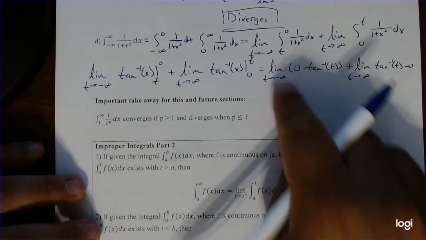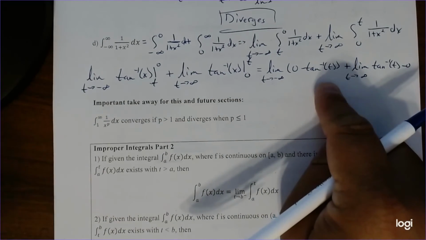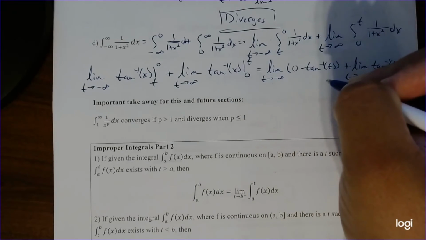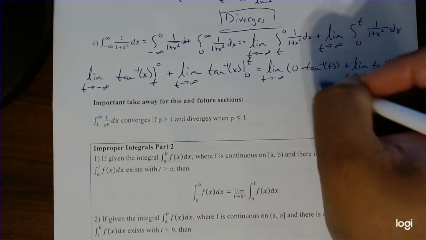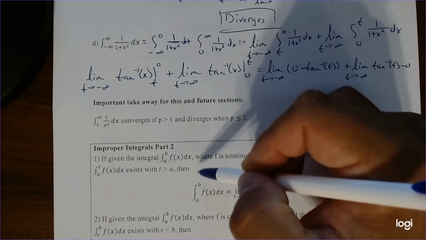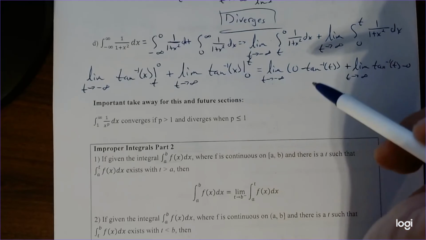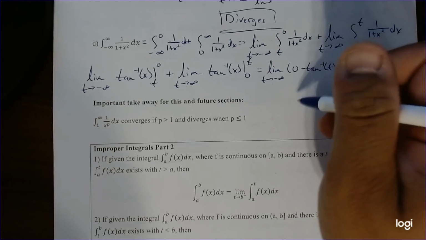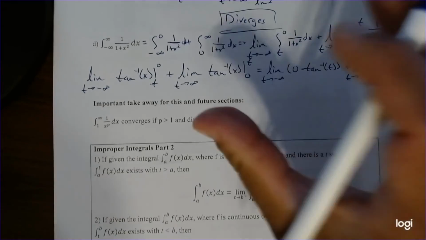Now, as t goes to negative infinity, remember, you have to look back into pre-cal, I guess if you want to call it, at the inverse of tangent. Tangent goes from pi over 2 to negative pi over 2, but the inverse of it, or the arc tangent, flips it to its domain.